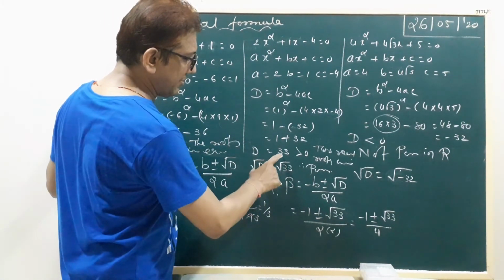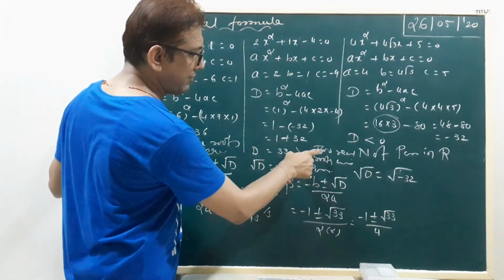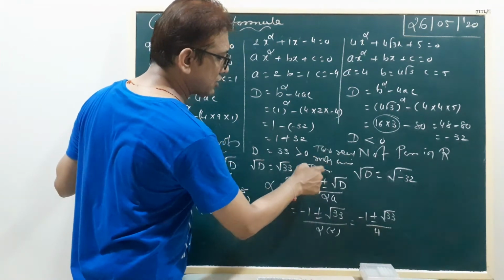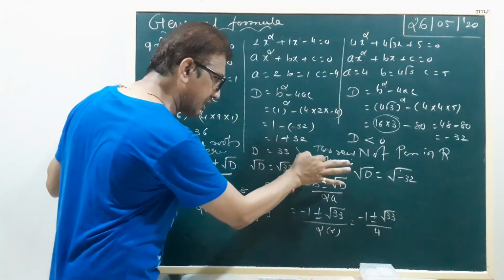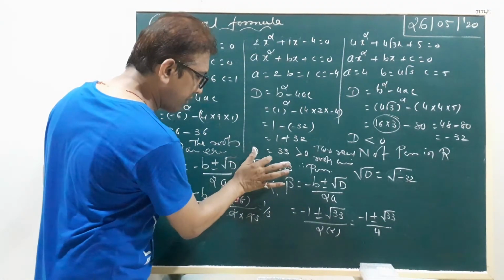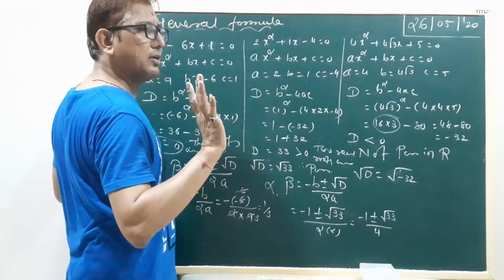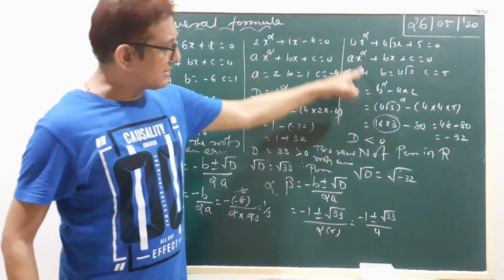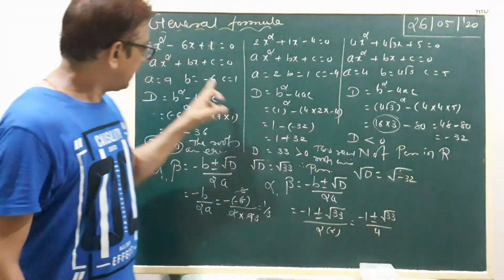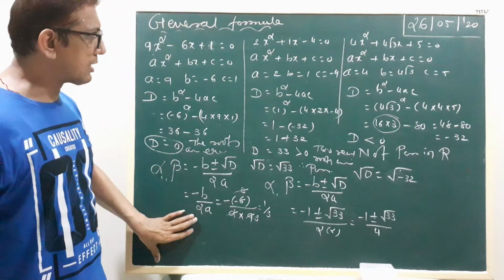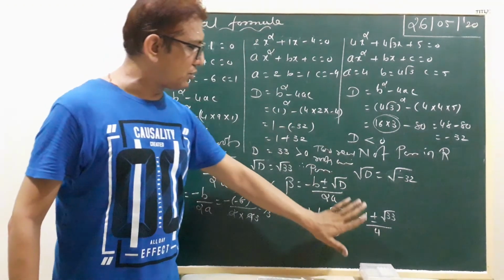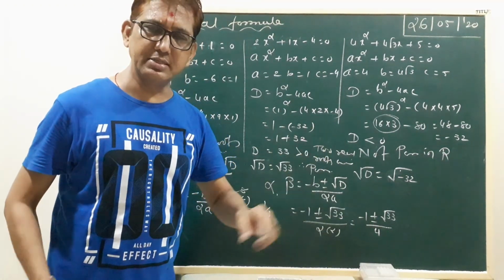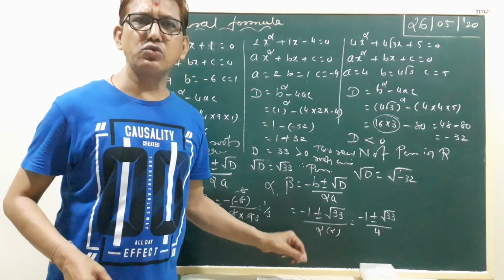So if the discriminant is greater than 0, then we write two real roots are possible. This is the most important statement. When we find d, we write this statement, then we calculate alpha and beta. Is it clear? If d is less than 0, not possible in R. If d equal to 0, only one root is possible. If d is greater than 0, then two roots are possible. Is that clear? Okay. Thank you very much.